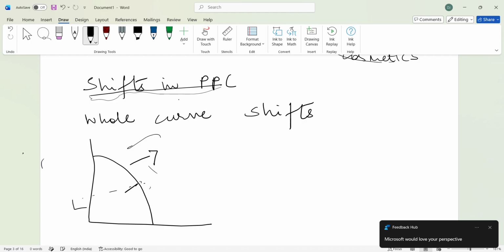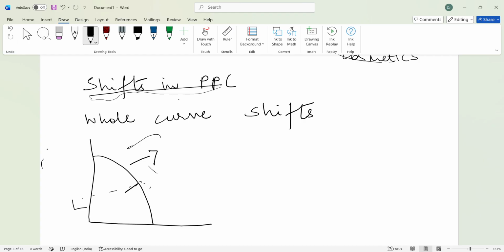The assumption we have taken for any production possibility curve that we draw is that we have limited resources. With limited resources, we can draw only this production possibility curve, right?